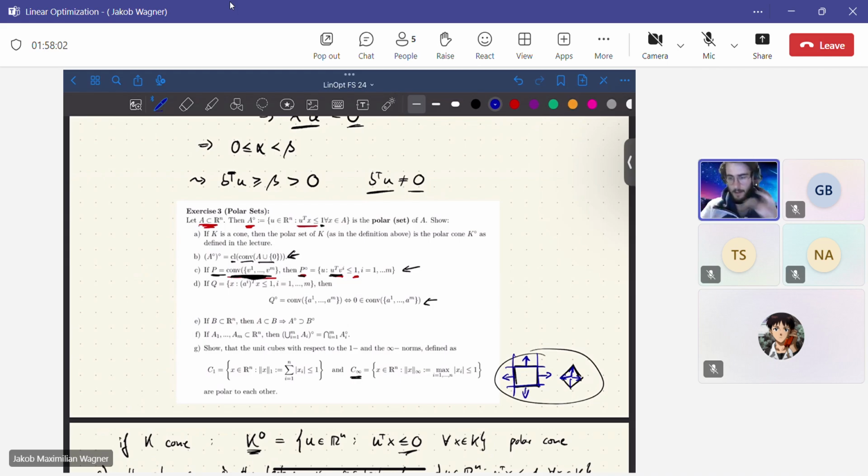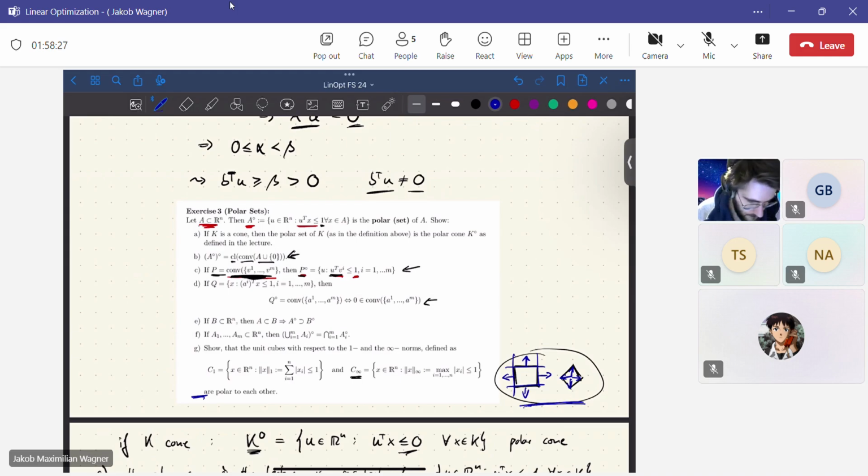So we have this nice interdependence of the two sets, and so in part G you just have to find proper descriptions of those two sets, one as convex combination of all the corners, and once as an intersection of a bunch of half spaces.